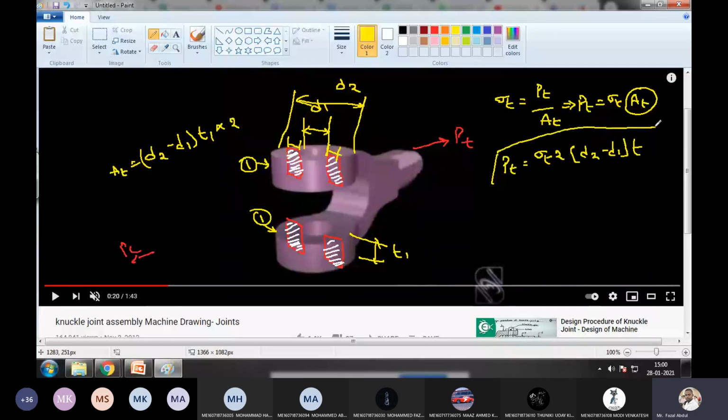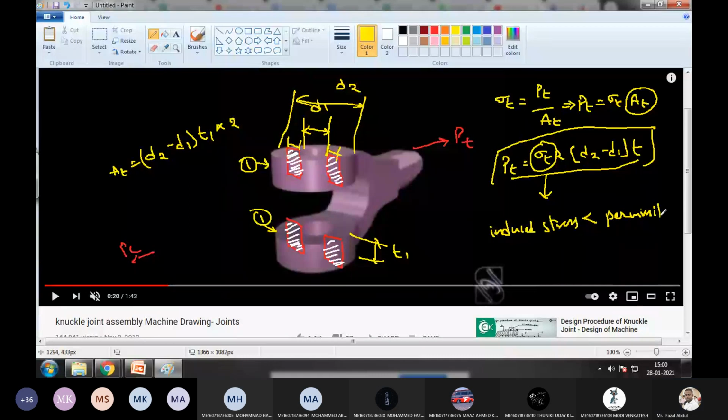With this equation, sigma T is going to be verified. Sigma T is an induced stress and always should be less than the permissible stress.